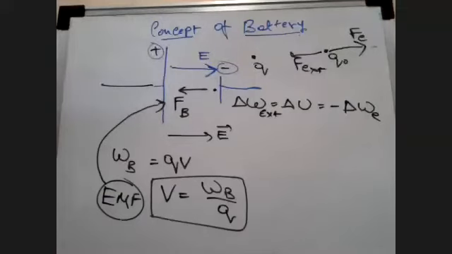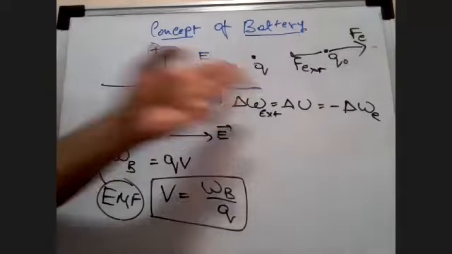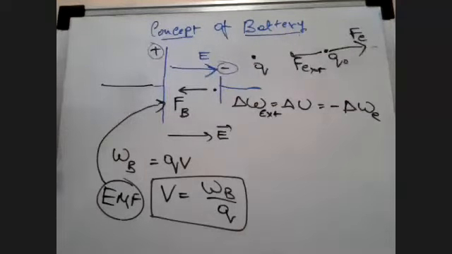In those times when the battery was first developed, they thought that the charges moving is due to some force, and that is how this term electromotive force got coined. But electromotive force is basically just potential difference. I hope you all have understood.